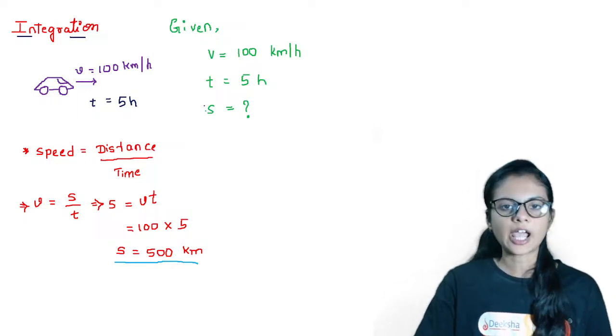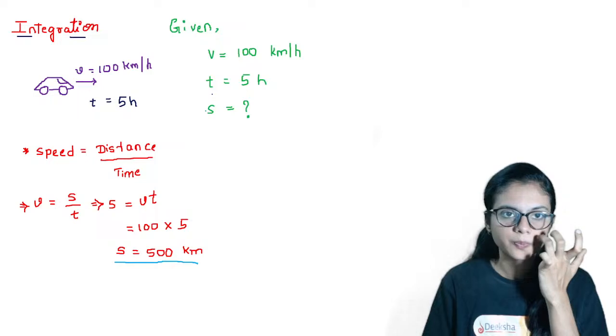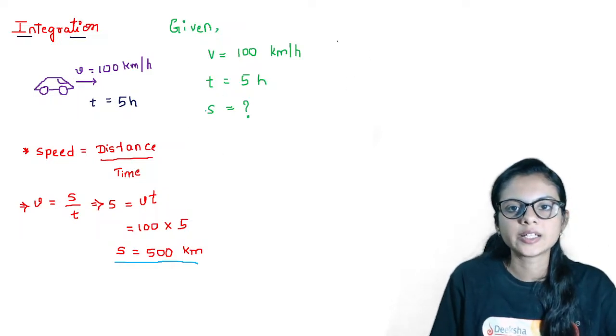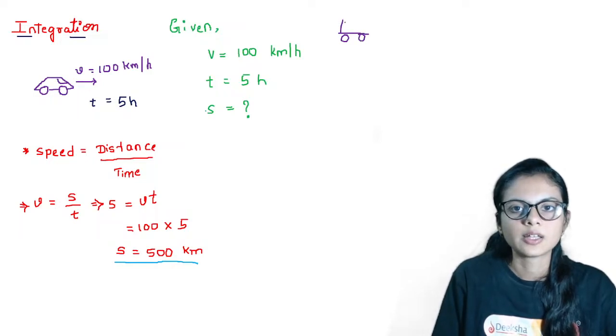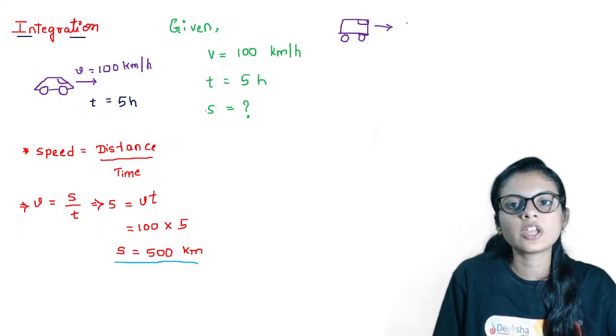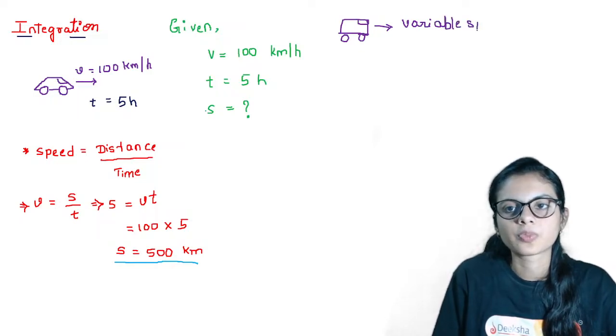For a small time, they are asking us speed. See here. Now again, let's consider another vehicle, a different vehicle which is moving with variable speed. What is the meaning of variable speed?